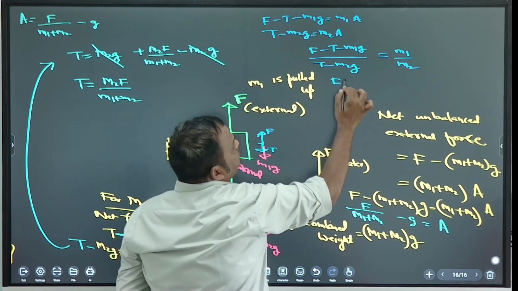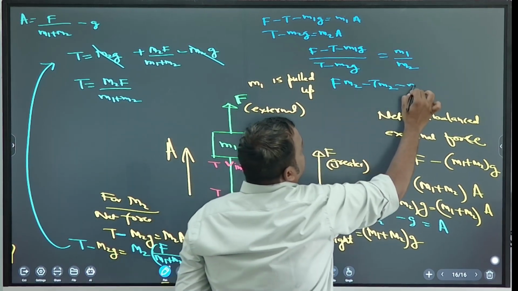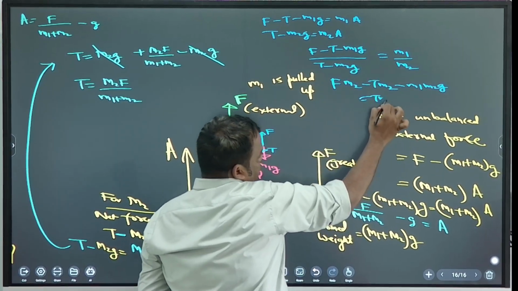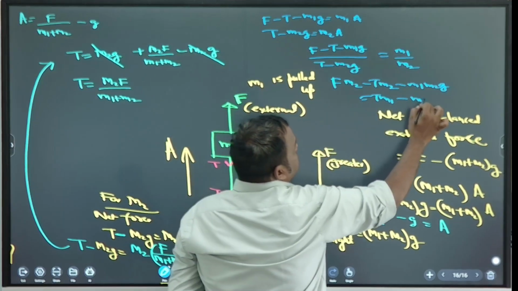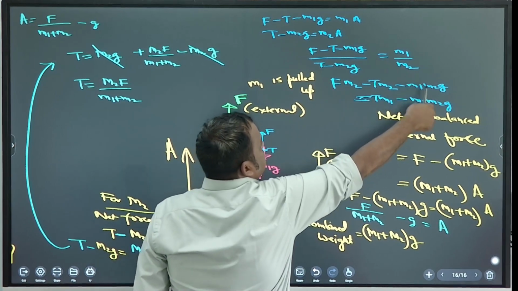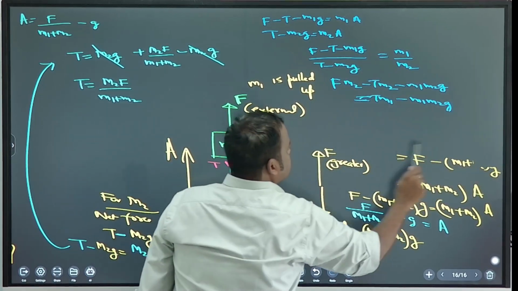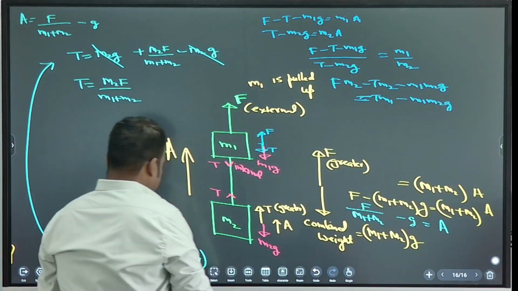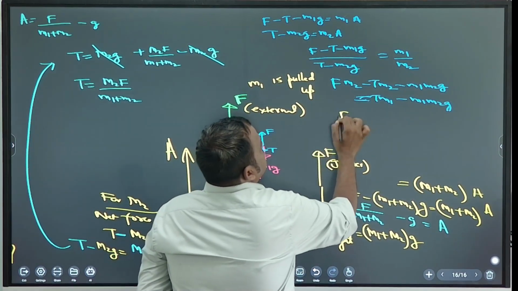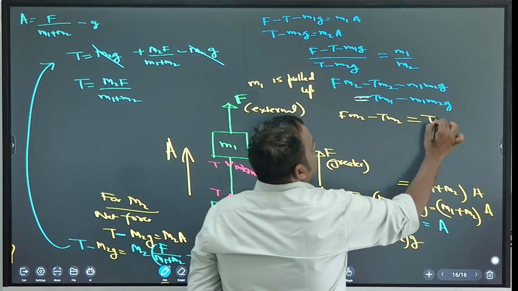Okay, so F M2 minus T M2 minus M1 M2 G is equal to, cross multiply, T M1 minus M1 M2 G. So this is cancelled. So F M2 minus T M2 is equal to T M1.